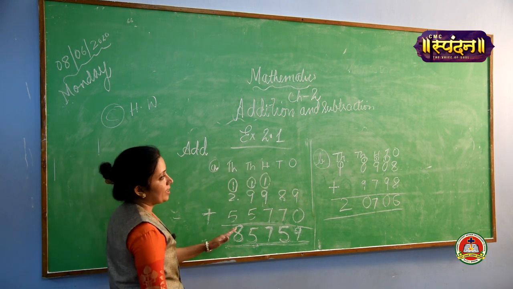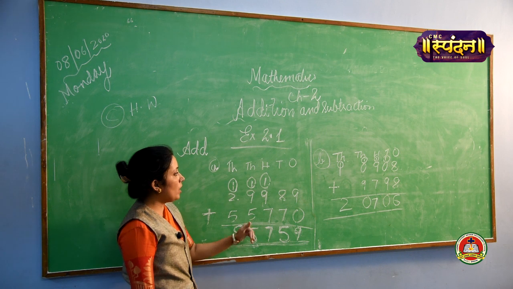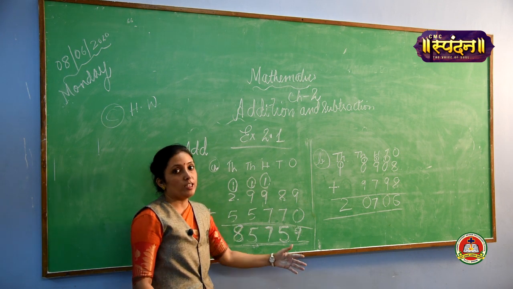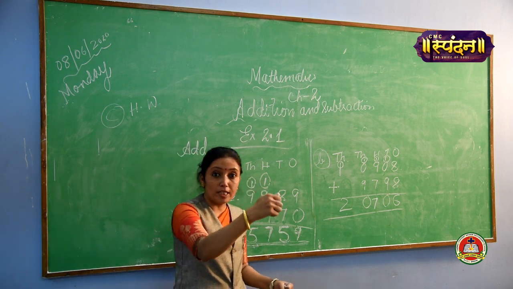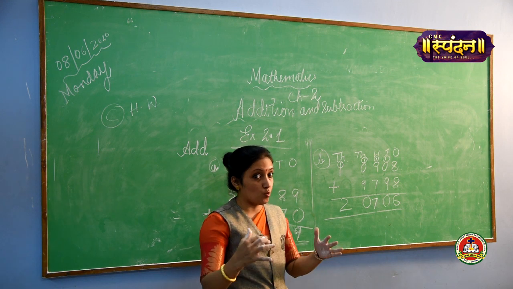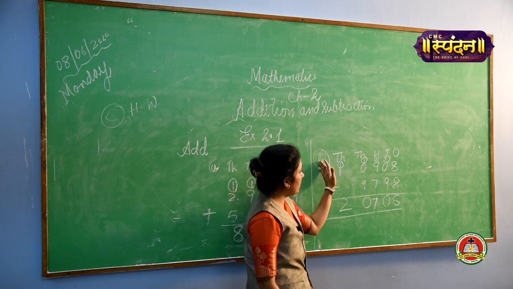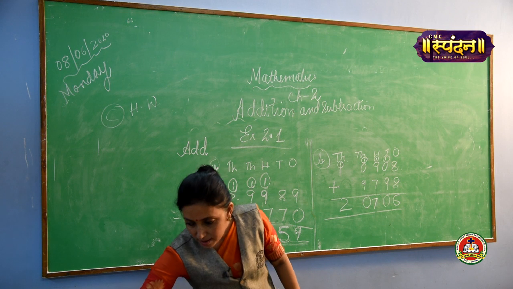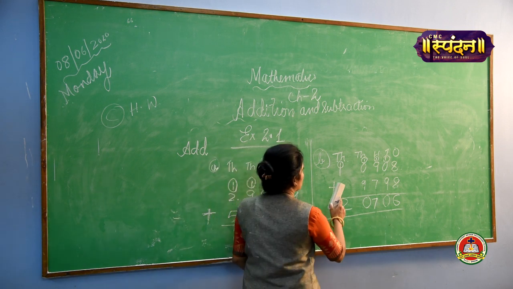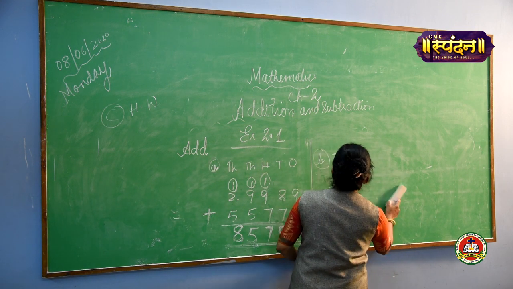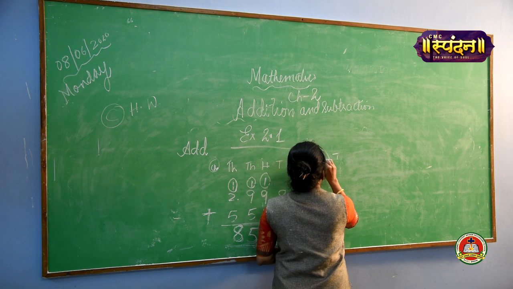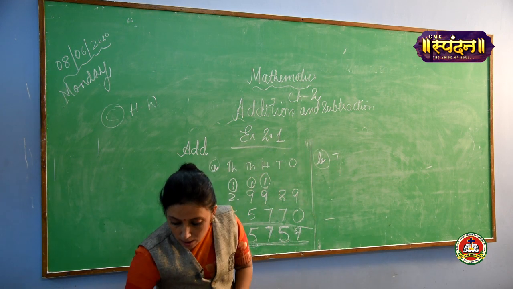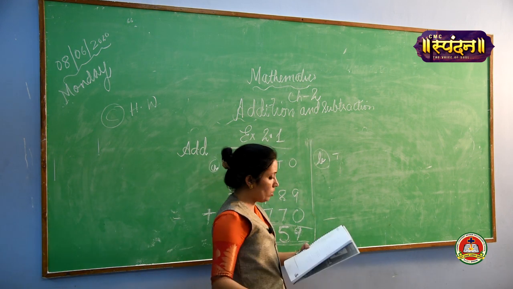I suppose this is clear to you all. Now let's move further with a different number, your B question of exercise 2.1. Let's write it down. Let me take the help of the book.